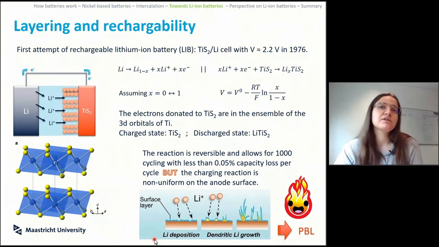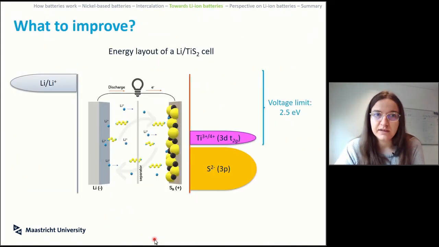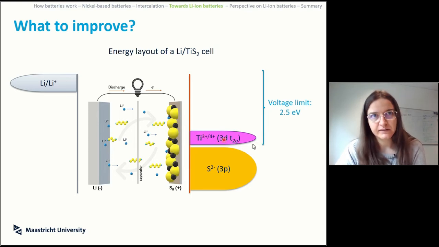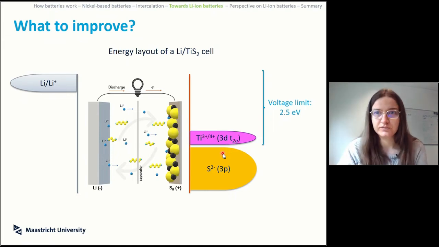Now, what can we possibly improve in this thing? This is the layout of our cell. So we have the energy of the lithium plus couple, and then we're doing electrochemistry on the titanium 3, titanium 4 3D orbitals, the t2g 3D orbitals, given the coordination of this thing. And this is the thing that imposes your voltage limit. You want to stay here within these couples.